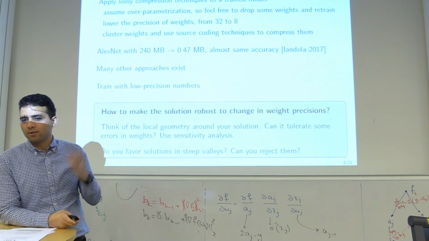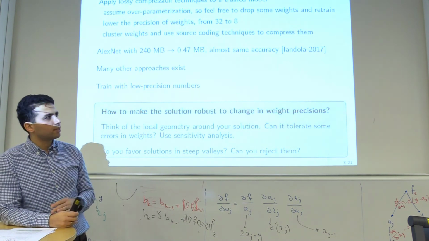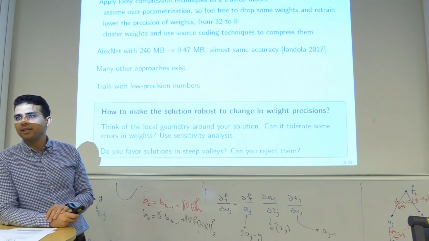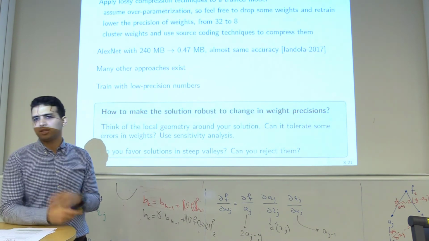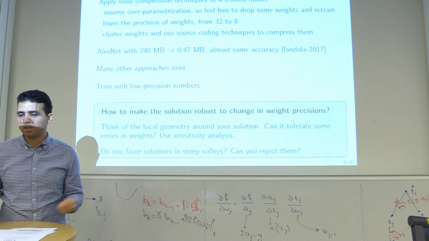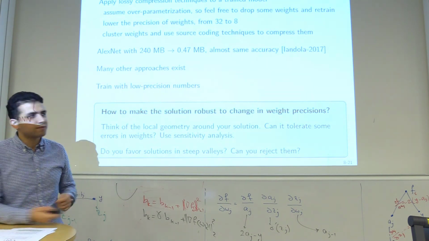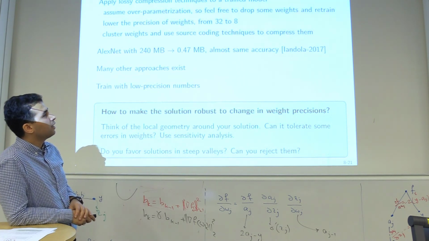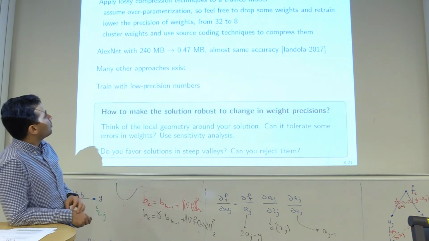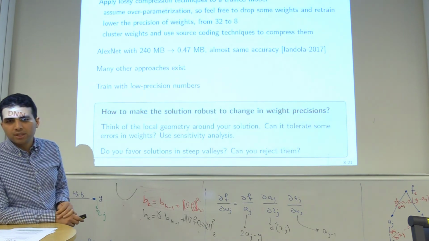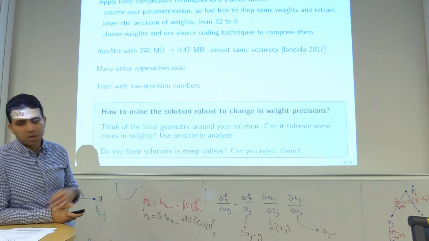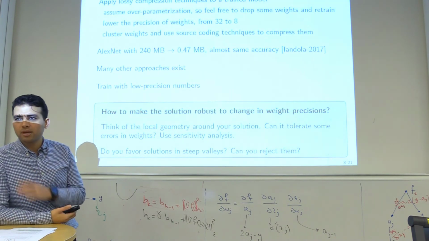So the first intuition is to drop some of the weights and then train that pruned model with a much smaller number of parameters. Again, by no means is it optimal or the best way to do that, but you can do that. On top of that, you can lower the precision from 32 bits to 8 bits using round off. Again, by no means optimal.